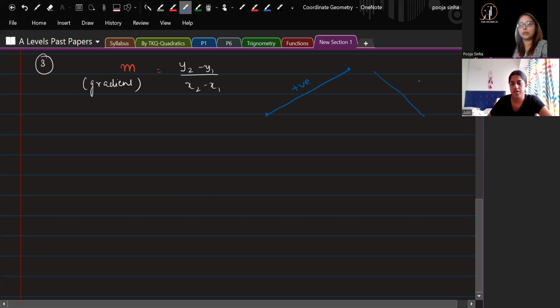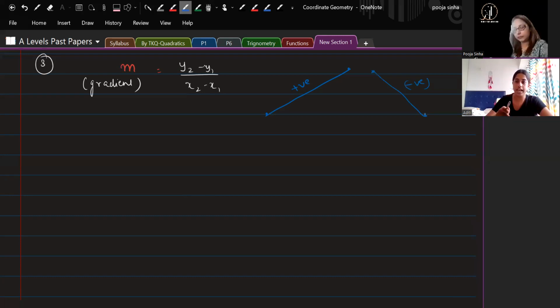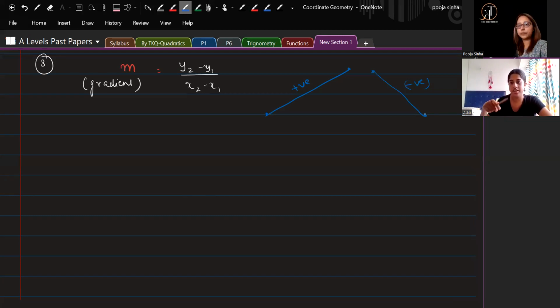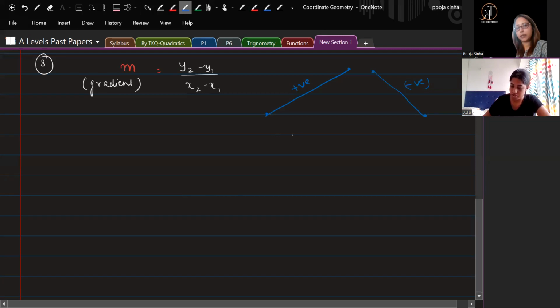You can determine this because in a positive gradient, as the x value is increasing, the y value is also increasing. In a negative gradient, if the x value is increasing, then the y value is decreasing. Super. Very good.